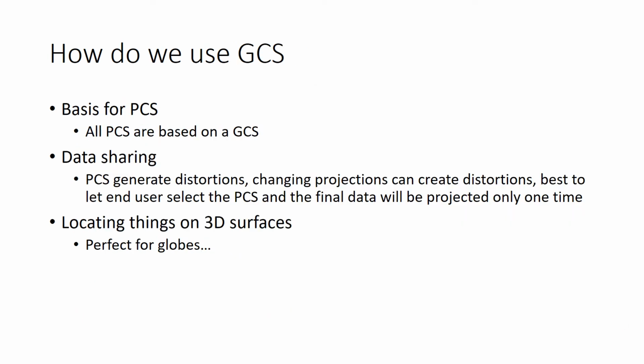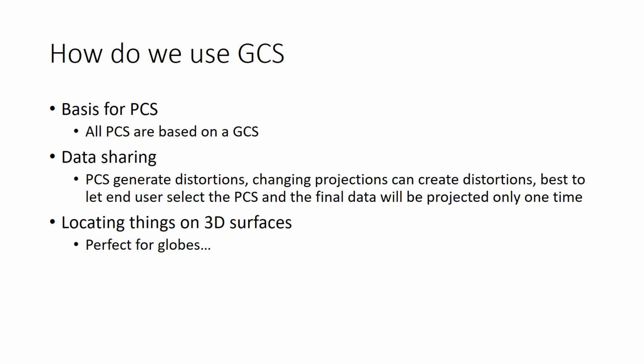Why do we use them? Really simple. All PCSs are based on them, so they're the basis of every PCS, so we have to use them at some level. But they're also really good for sharing, because it allows the user to convert them into a PCS. In other words, you project your data from a GCS into a PCS, and you do so to the PCS of your choosing.